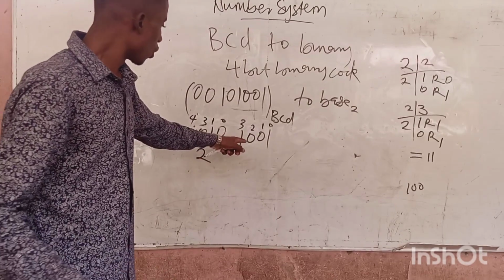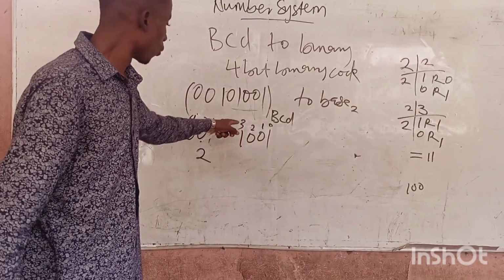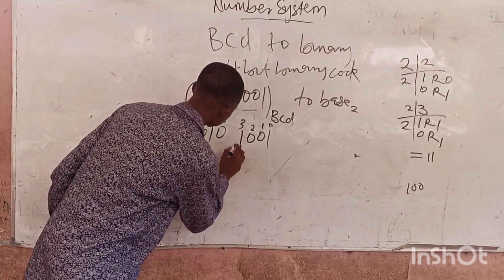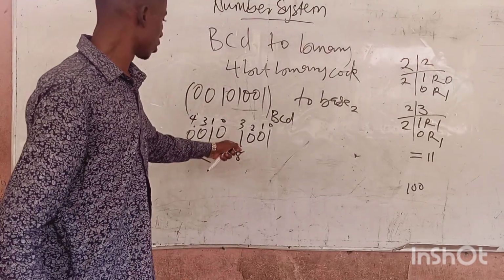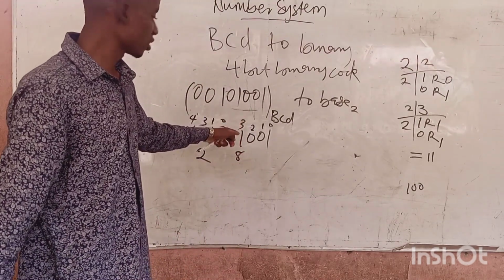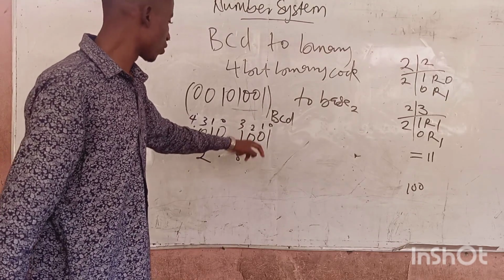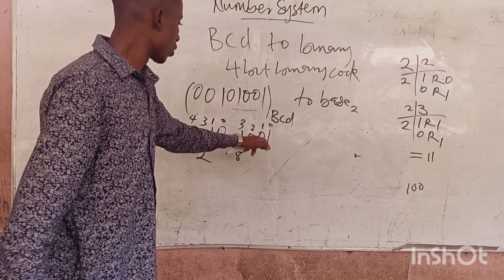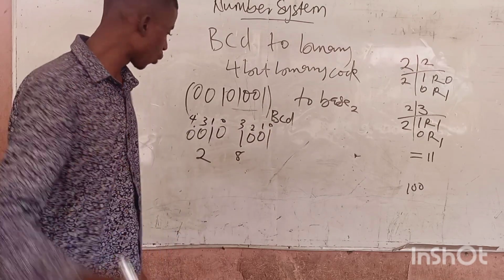Coming over to this place, 1 times 2 raised to power 3 will give us 8, because 2 raised to power 3 is 8. 0 times 2 raised to power 2 is 0. 0 times 2 raised to power 1 is also 0. And 1 times 2 raised to power 0 will give us 1.